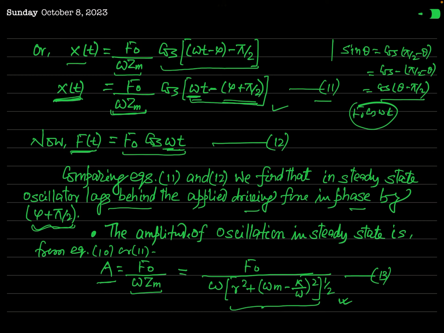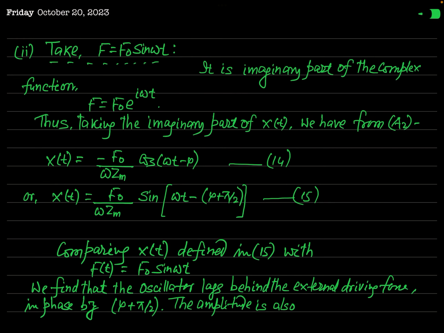Actually, you will get the same result if you take not the real part of the applied driving force as the applied force, but its imaginary part. Even then we will get the same result. But how? You can now see. So now let us take the imaginary part, which is f equal to f naught sin omega t, applied to our oscillator.